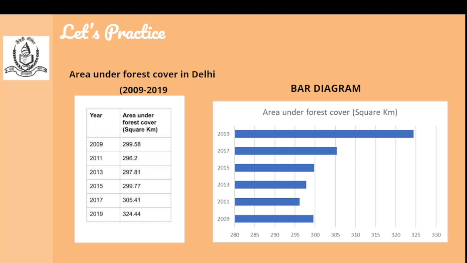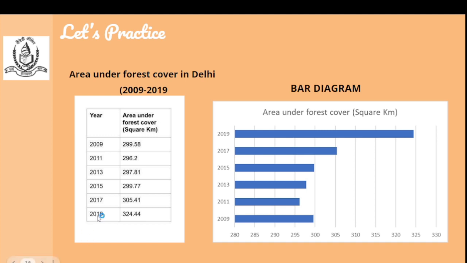On the other hand, if we are drawing the simple bar diagram in a vertical manner, on the horizontal axis our different categories of data should be there, and on the vertical axis the values corresponding to each category of data should be represented. Okay, so now let us understand this by taking one example.